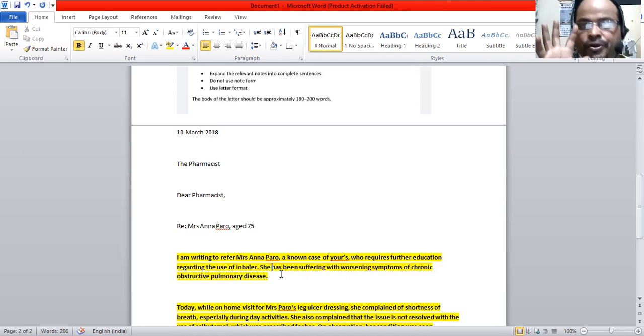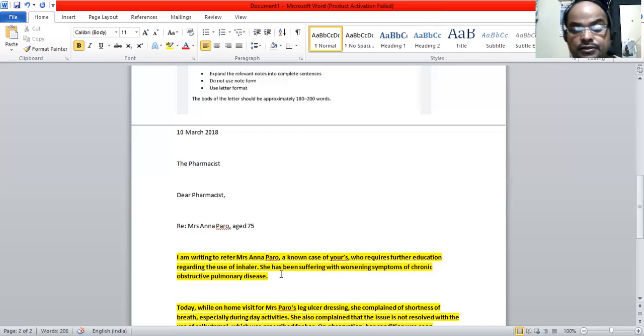You have to see that the essence is there. You are writing a referral letter, it is there. The patient's full name, Mrs. Anaparo, is there, and that she requires further education regarding the inhaler use. Is it a known case to you? Yes, it is your client. Very good. We have given a lot of data in just one sentence.